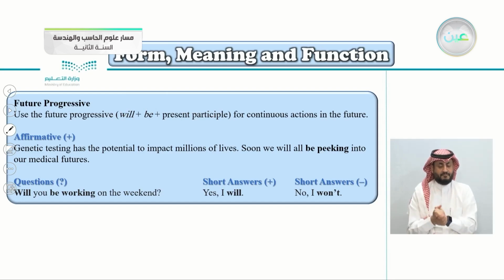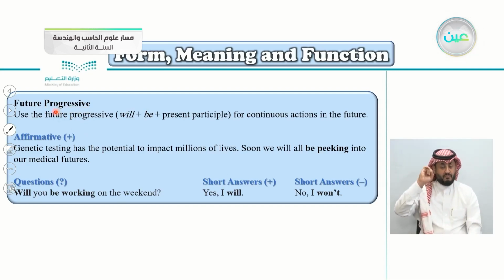Again, will, be, present participle. And remember, I said before, whenever you hear the word progressive, you know that the verb has an ing. So you see here, will you be working? So whenever in any grammar you hear the word progressive, you know the verb has ing.